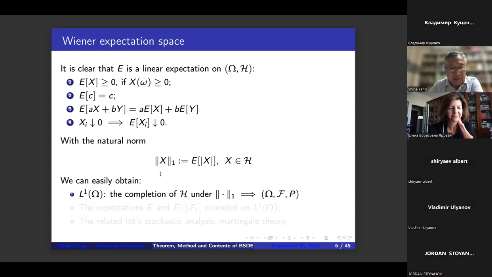With this norm, the pre-Banach space becomes L1, the completion of H, this random variable space, and then this gives us the omega.